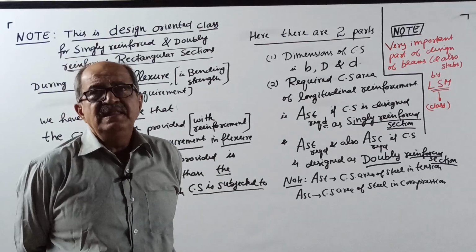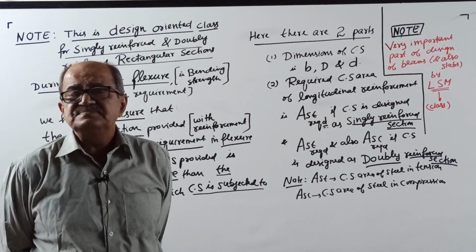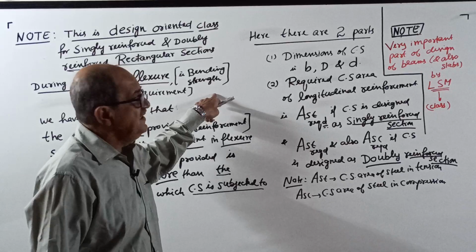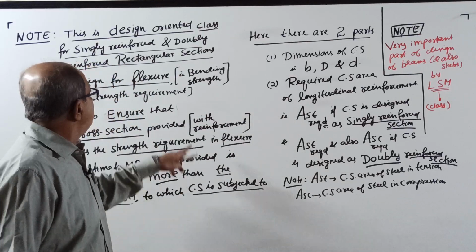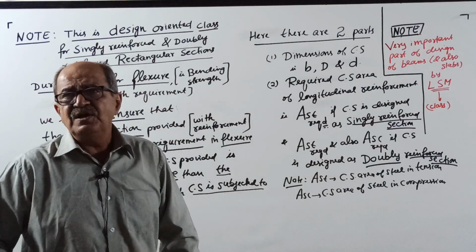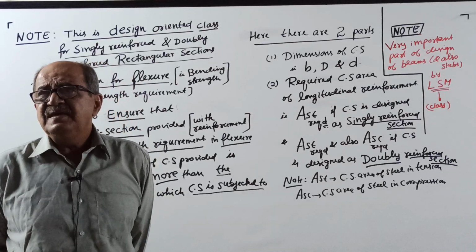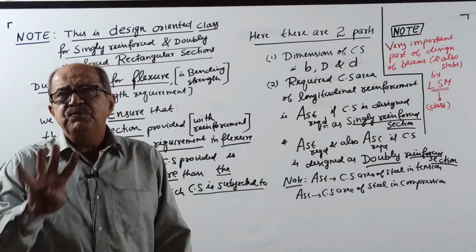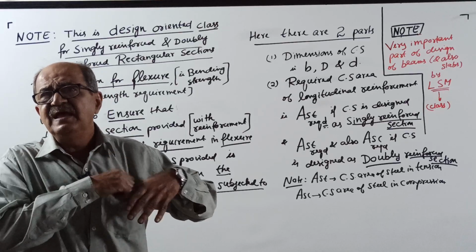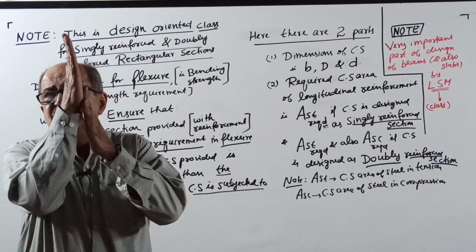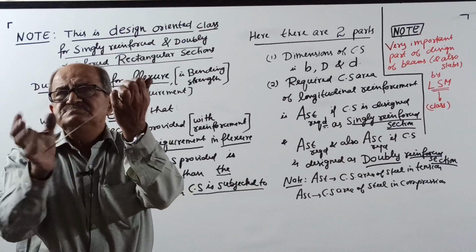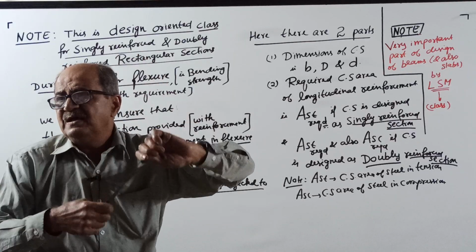Remember, in limit state of strength, we consider bending. This is called limit state of strength in flexure. First of all, a small piece of information. In any structural member, there are 4 section forces, namely axial force, shear force, bending moment, and also twisting moment.